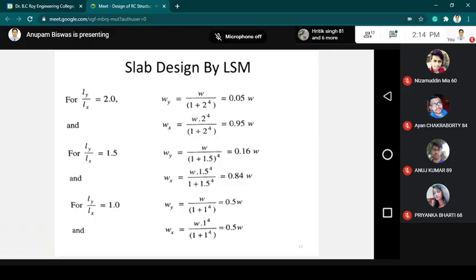So it is always preferable to use a two-way slab, and it is always advantageous compared to a one-way slab. It is well evident from this equation. Okay, I hope it is clear to everyone.